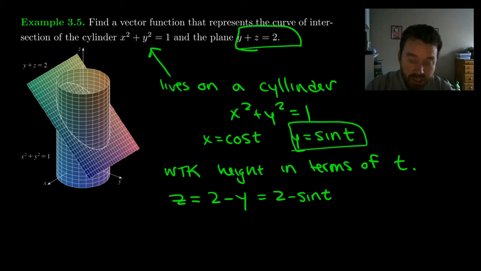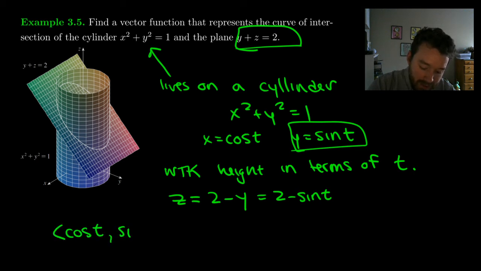So you can check on GeoGebra, or you can verify with the example that we just did, that a parameterization of this intersection, if I commit to cosine t being x and sine t being y, then as long as z is 2 minus y, which is 2 minus sine t, I'll get my intersection.